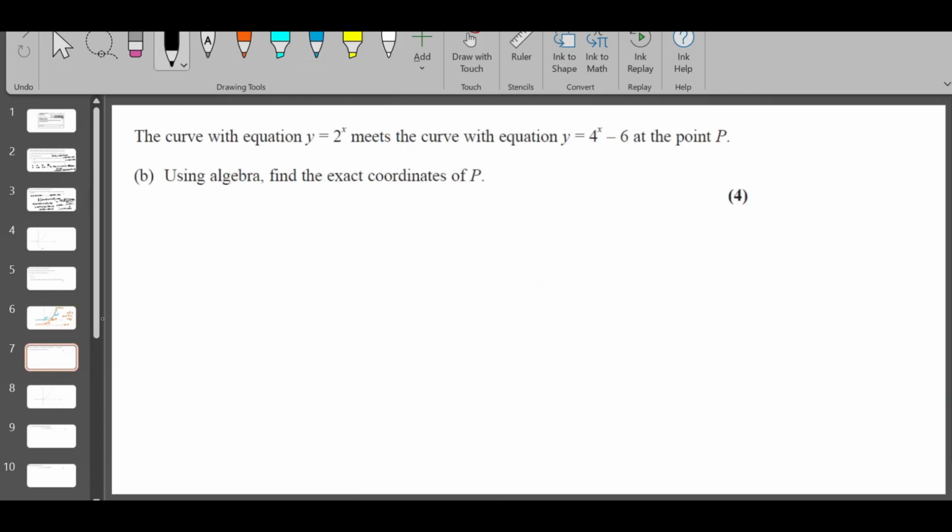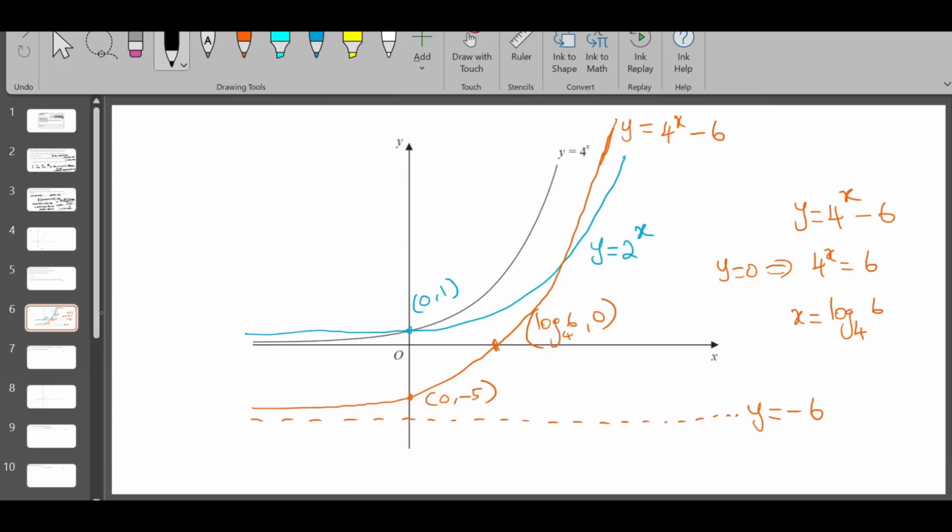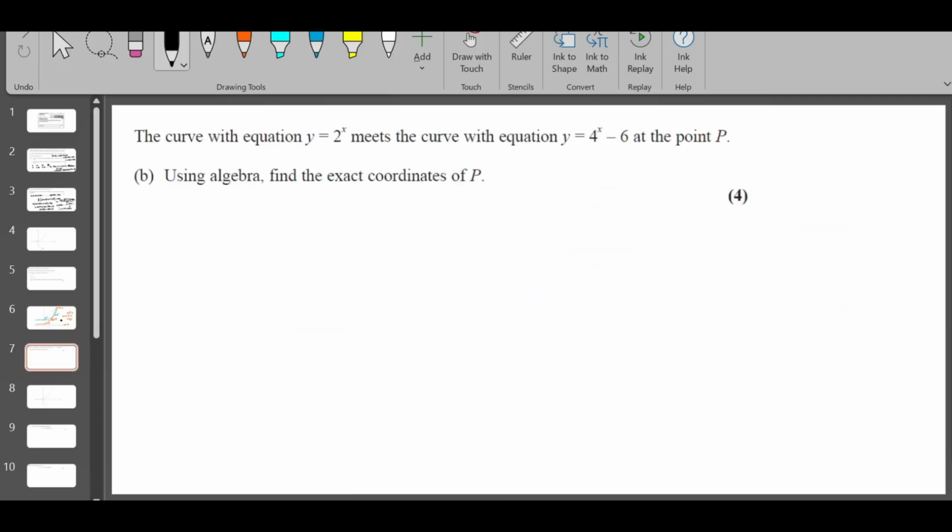Part B, the curve with the equation 2 power x meets this curve at point P. Find the exact coordinates. They both meet at some point, right? But we are going to solve it by equating these two. 2 to the power x is equal to 4 to the power x minus 6. You move this also to this side, so you'll get 4 power x minus 2 power x minus 6 is 0.